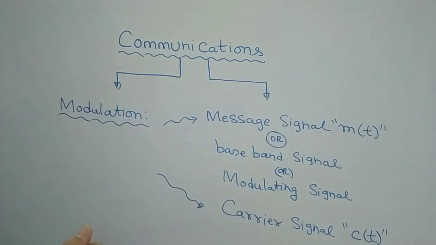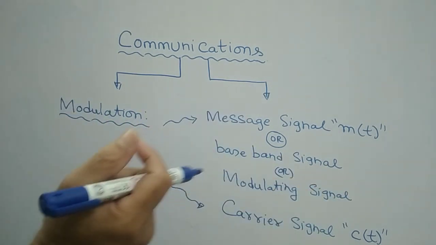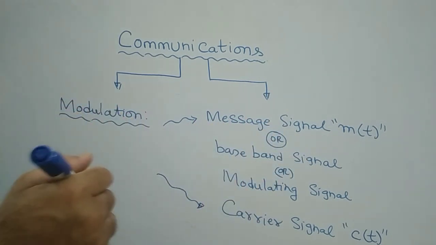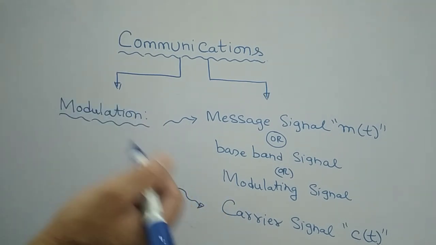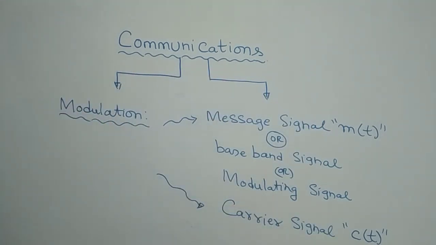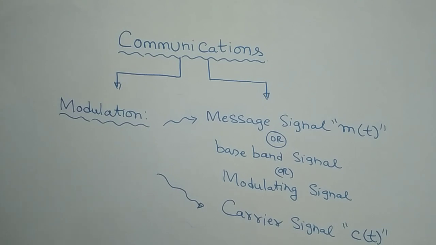The message signal contains the main information, the actual information which we want to send from the transmitter to the receiver. Whereas the carrier signal, as the name itself suggests, carries something: it carries high frequency components. That is why it is called the carrier signal.